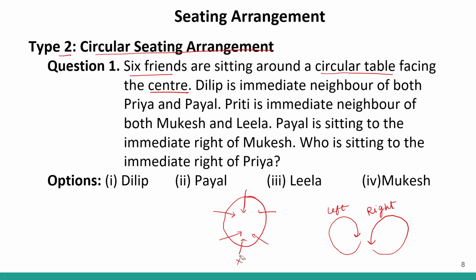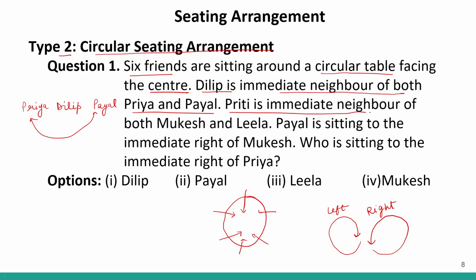Correct? Now, Dilip is immediate neighbor of both Priya and Payal. So basically, Dilip will sit between Priya and Payal, but we don't know where. So these places are interchangeable. Priya can sit over here and Payal over here, or Payal can sit over here and Priya over here. Correct?